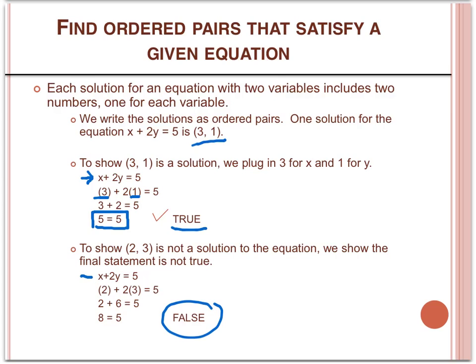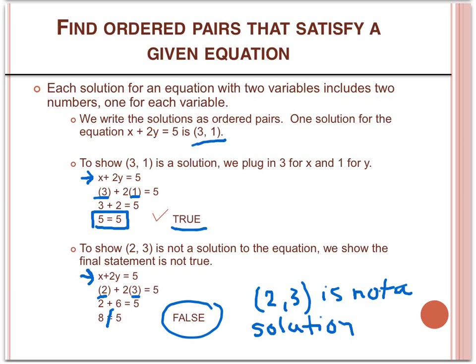To begin, again, we start with the equation x + 2y = 5. We plug in the x-coordinate, which is 2, and the y-coordinate, which is 3. 2 + 6 = 5, but 8 does not equal 5, therefore the statement is false, and the solution (2, 3) is not a solution for this equation.